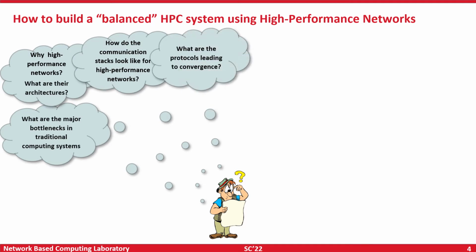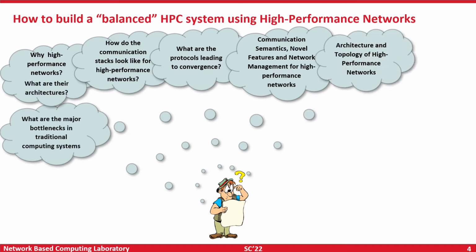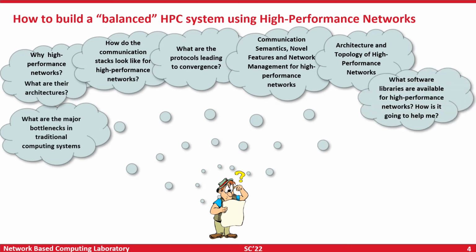What are the protocols leading to convergence? What are the different kinds of communication semantics, novel features, and network management for high performance networks? How do you define the architecture and topology for some of these networks? What kind of software libraries are available for these networks, and how are these libraries going to help me?